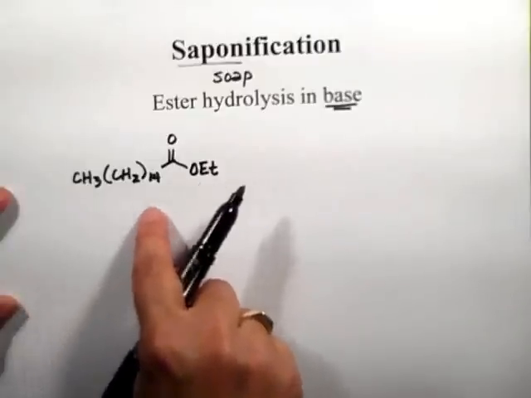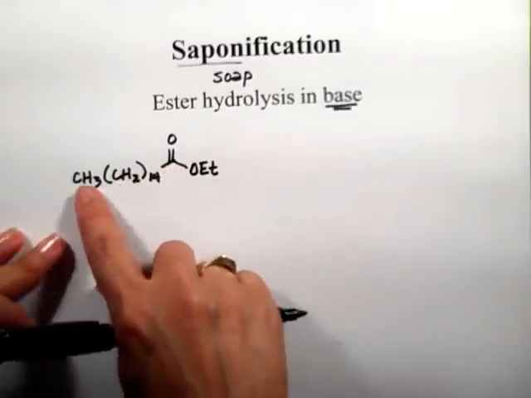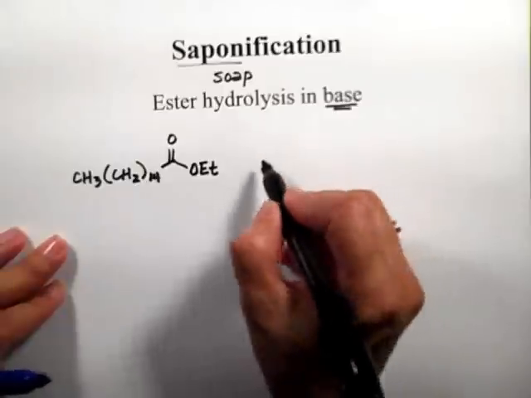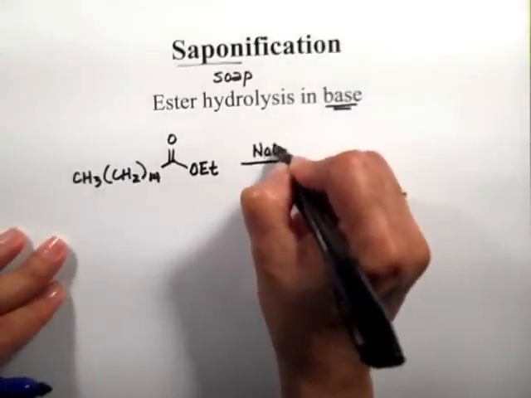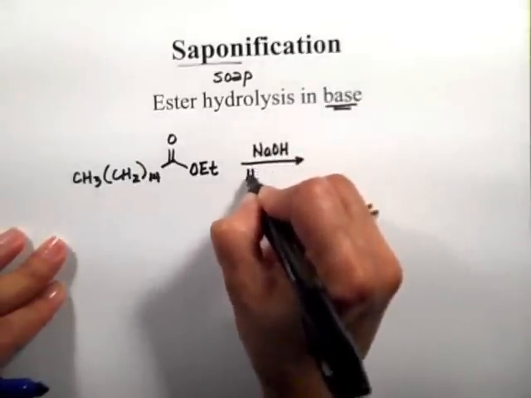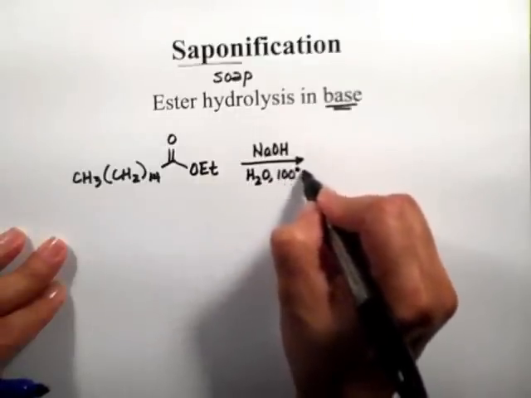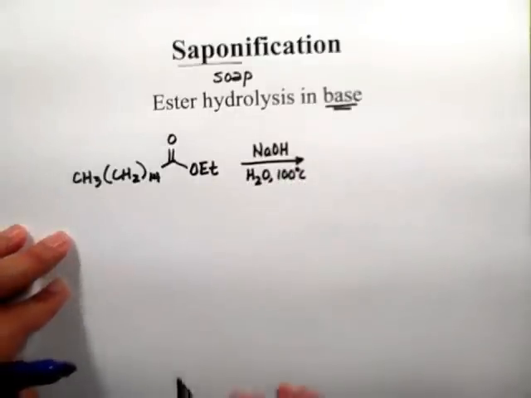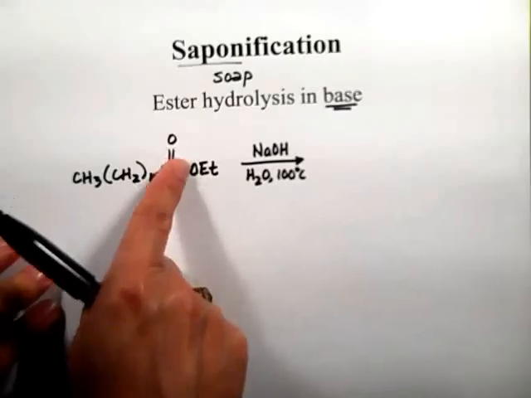So this right here has 15, 16 carbons. We're going to take a solution of sodium hydroxide in water, and we're going to boil it or reflux it for a little while. What we're going to do is break this bond right here.